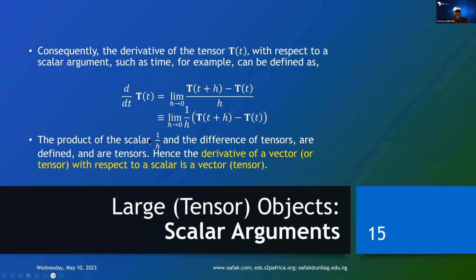The product of the scalar 1 over h and the difference of the tensors are all defined, and they are tensors, for the scalar inverse is a scalar. Hence, the derivative of a vector or a tensor with respect to a scalar is a vector or tensor. So if you differentiate velocity, you get acceleration, which is still a vector. If you differentiate a tensor with respect to time, you get a tensor of the same order.